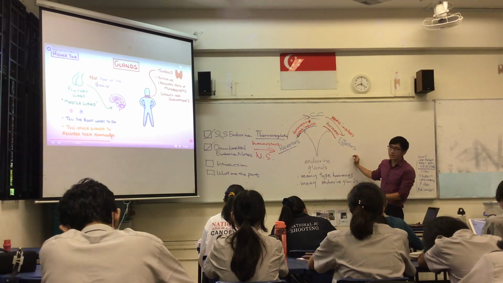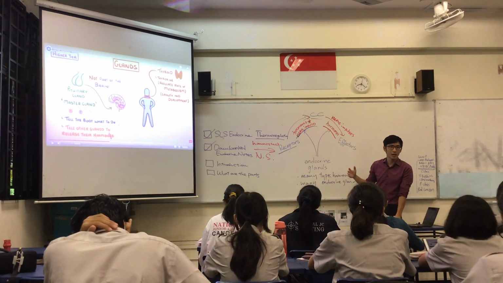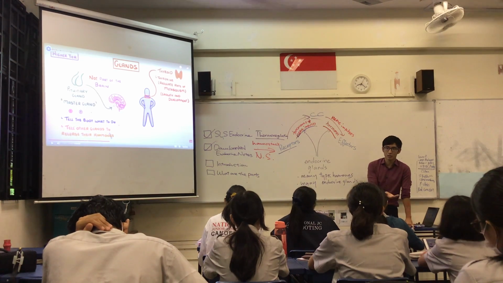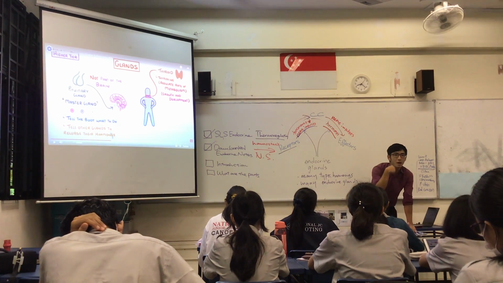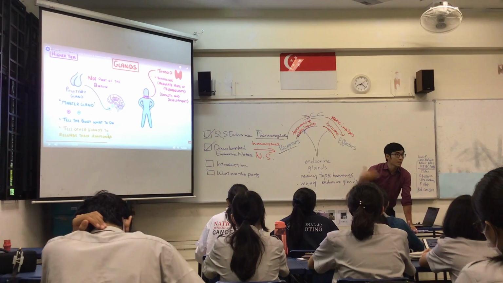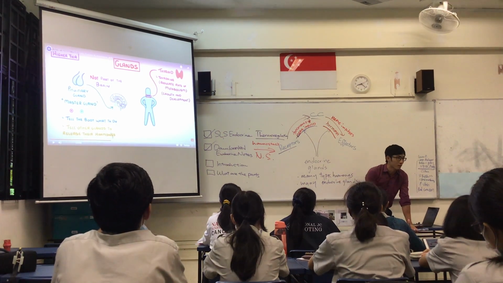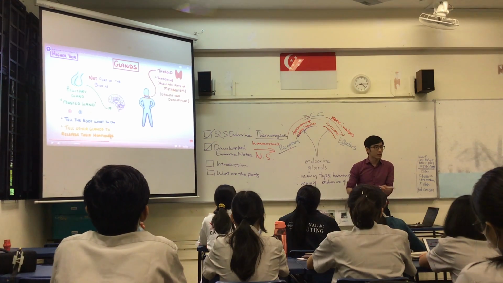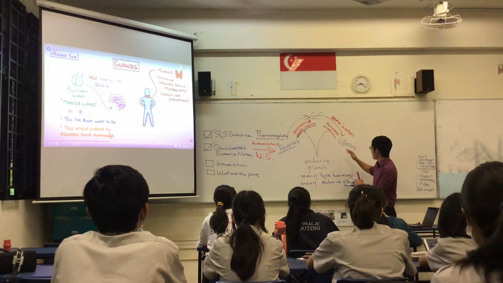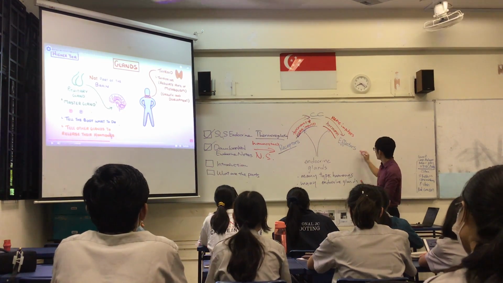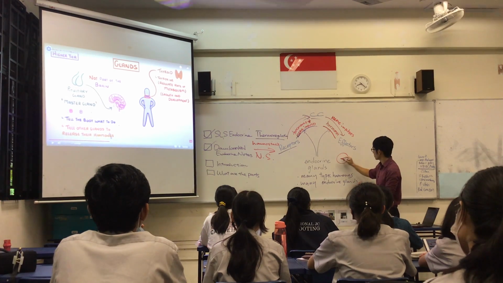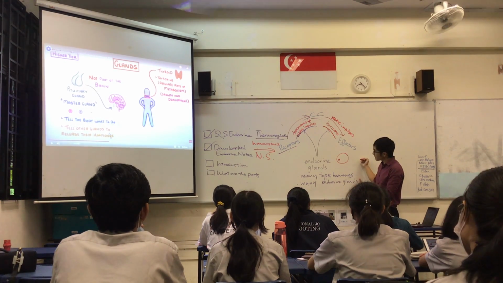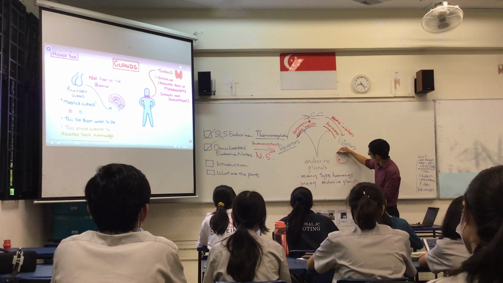If the body is sending out signals, we must have a way of receiving the signal. Just like someone were to send a snail mail to you, you need an inbox or mailbox to be able to receive the mail, to know that you've got the message. Our cells have the same thing. And the effectors, you will find that there are cells, and on these cells, you'll find receptors.